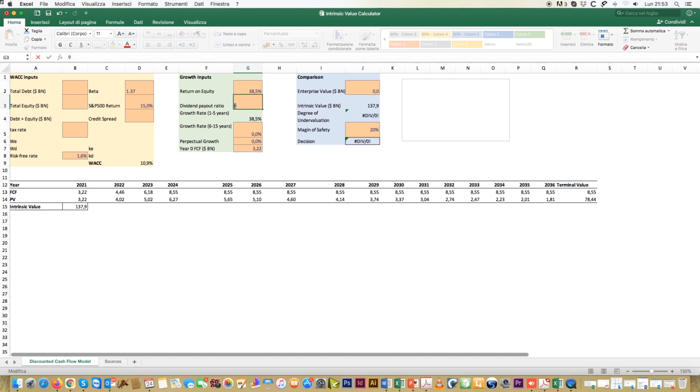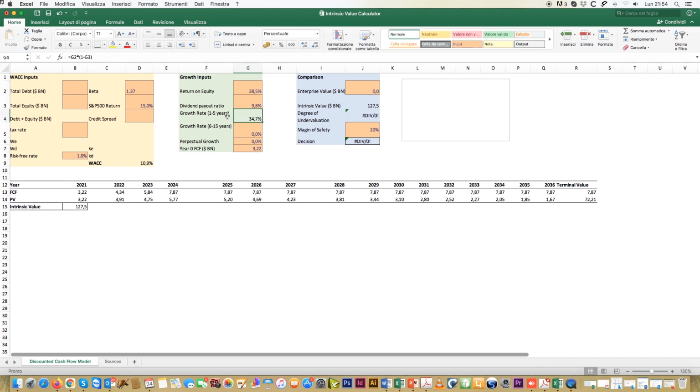This is different from the dividend yield. This is the dividend payout on the total equity. The dividend payout ratio is different from the dividend yield because the dividend yield is calculated based on the market cap, and the dividend payout ratio is calculated on the total equity. So the dividend payout ratio is 9.8%.